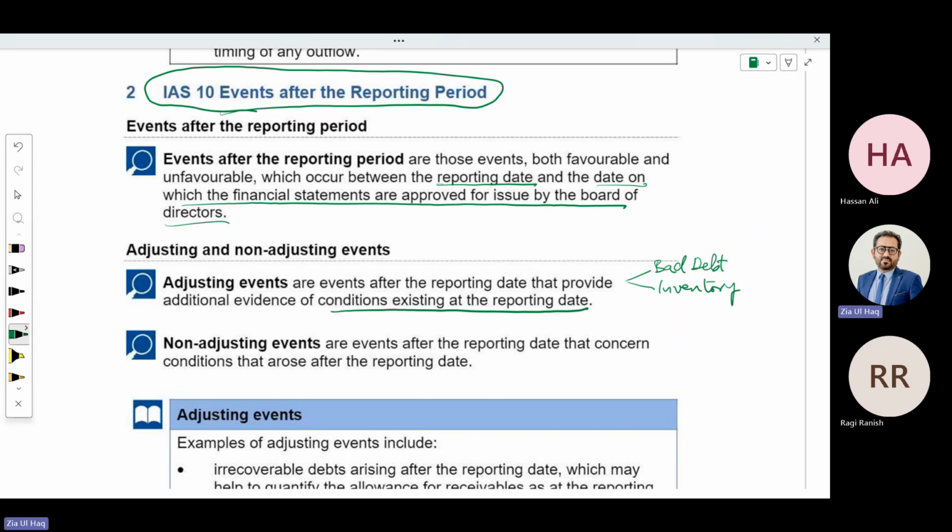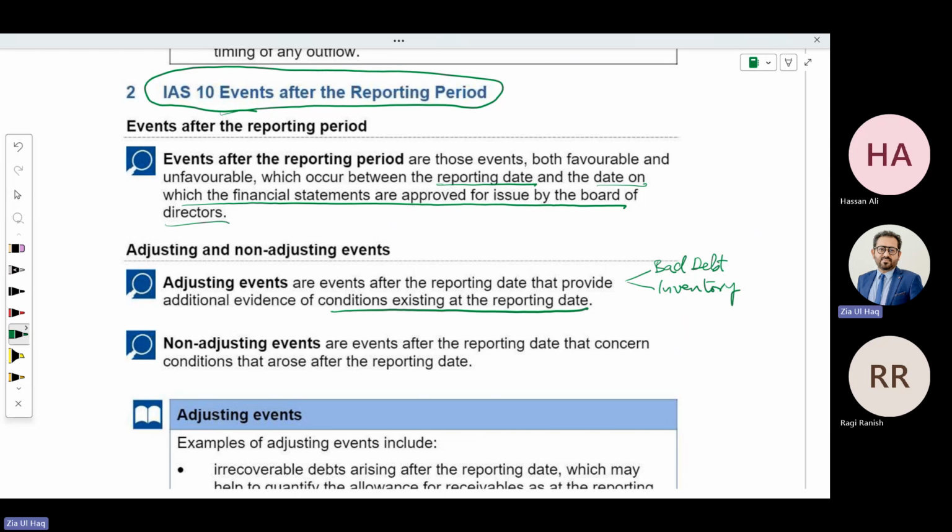But after year end, when the company is going to sell the inventory, they see they are not able to sell it at cost. In fact, they can sell the inventory only at 10% lower than cost. It might be that the inventory has become out of fashion, out of season, or obsolete.